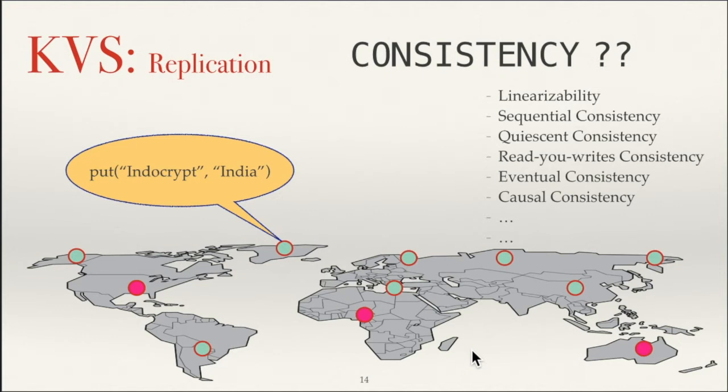So if you do a read operation before consistency is reached, this read operation can return different values, and the set of possible values that it can output depends on the kind of consistency guarantee that your key value store is providing you. And we'll see later in the talk that this notion of consistency, which is clearly important for distributed systems, also has an impact on security.